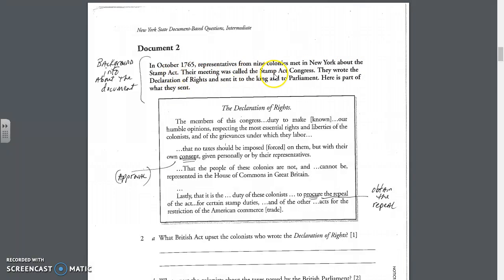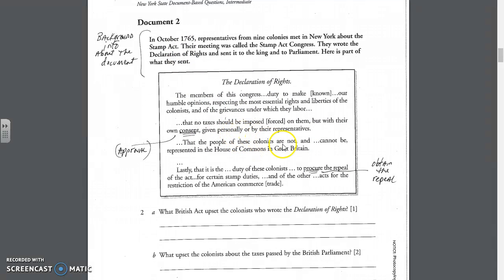Their meeting was called the Stamp Act Congress. They wrote the Declaration of Rights and sent it to the King and to Parliament. Here is part of what they sent. So this document is a primary source document that was created in October of 1765, and it addresses the Stamp Act Congress and the Declaration of Rights and what the colonists would submit to the King.